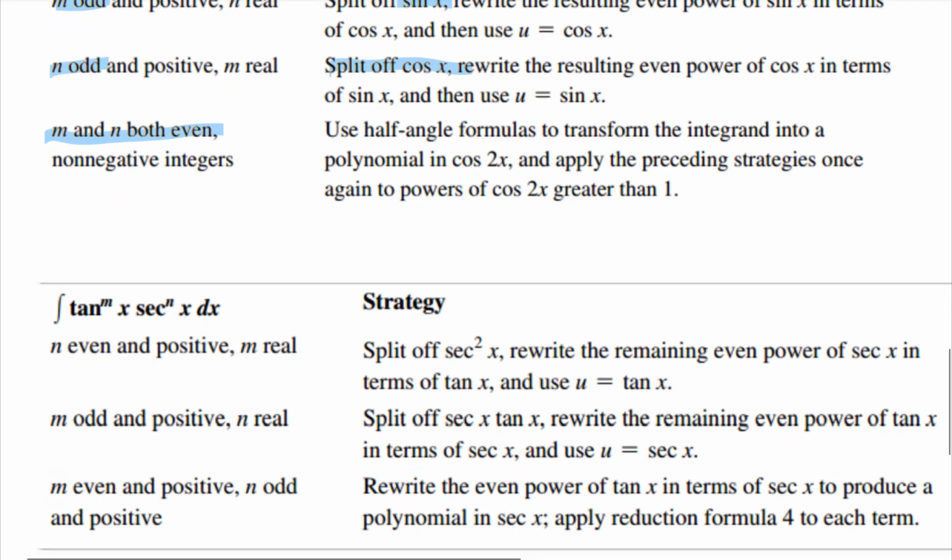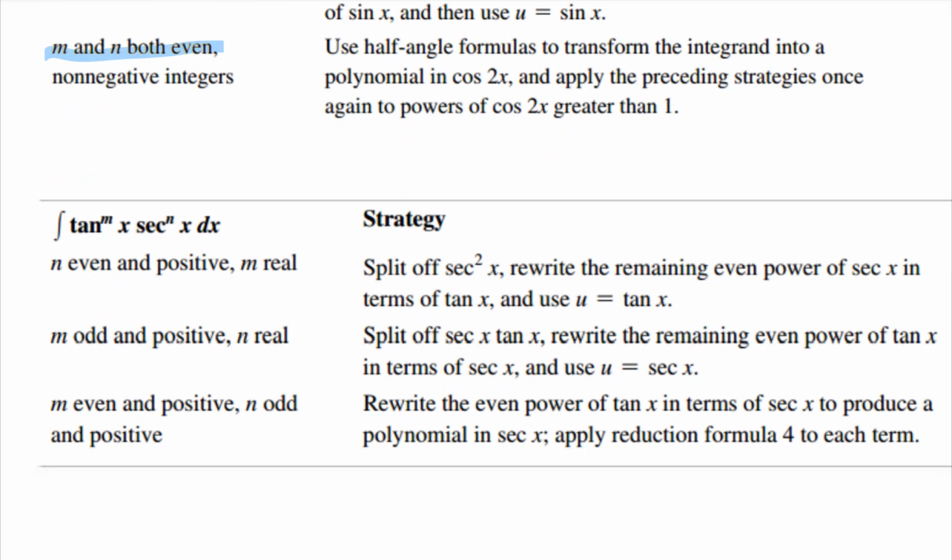Now we're going to move into tangents and secants. The thing is, we want even powers. That makes things a little bit simpler sometimes. So if you have an even power on secant, that's great because the derivative of tangent is secant squared. We like that.